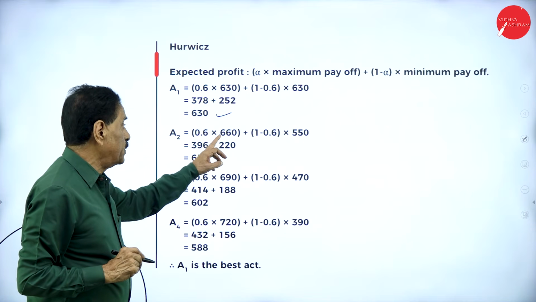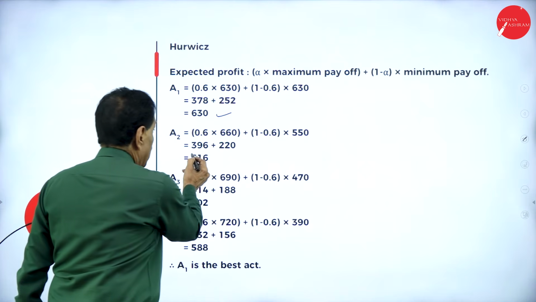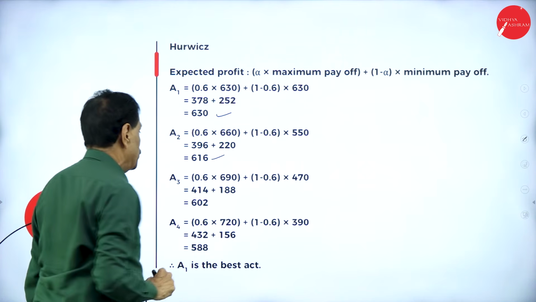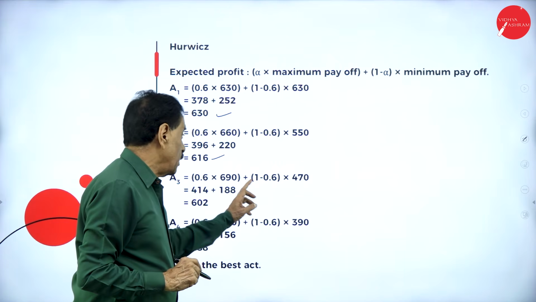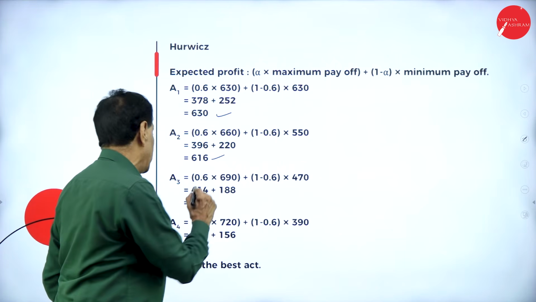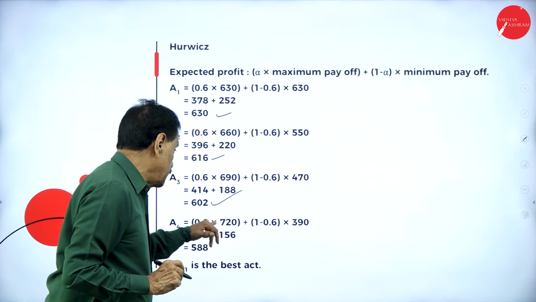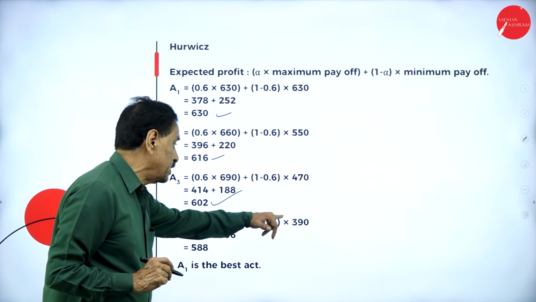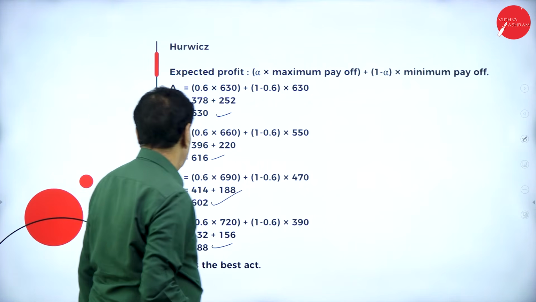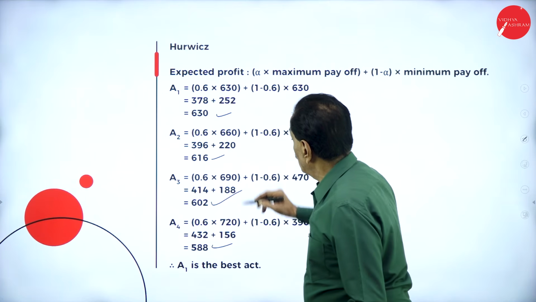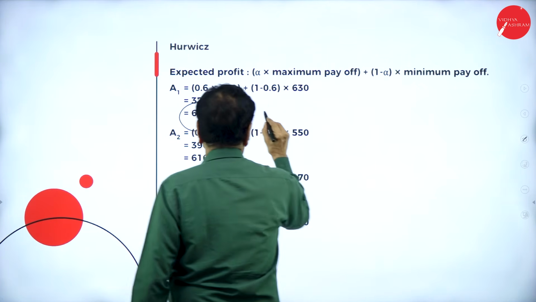A2: 0.6 into 660, 1 minus 0.6 into 550, 396 plus 220, it is 616. A3: 0.6 into 690 plus 0.4 into 470, it works out 602. A4: 0.6 into 720 plus 0.4 into 390, it works out 588. So which is the highest one? Best act.